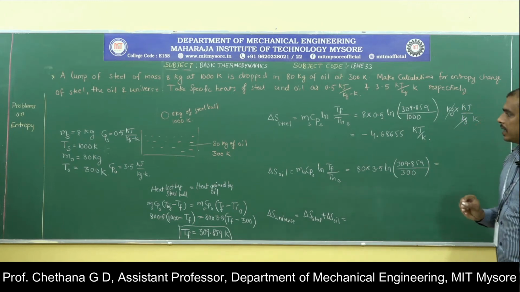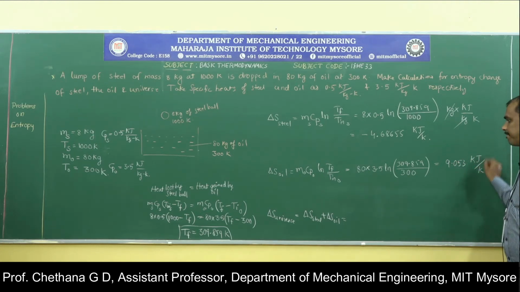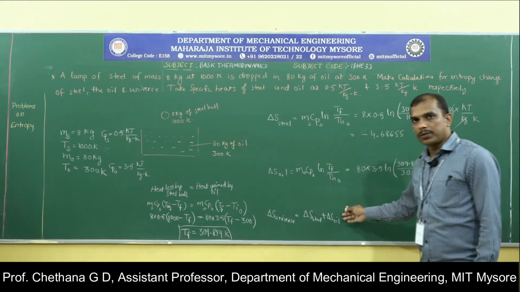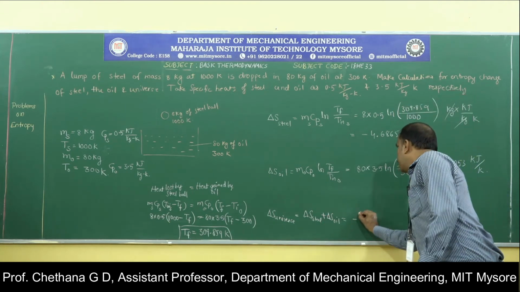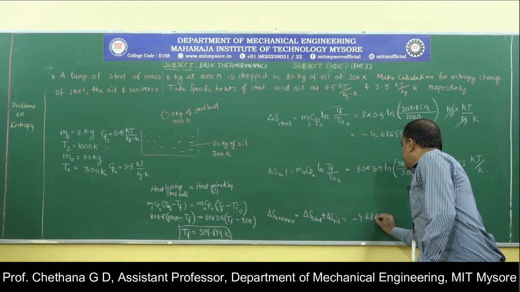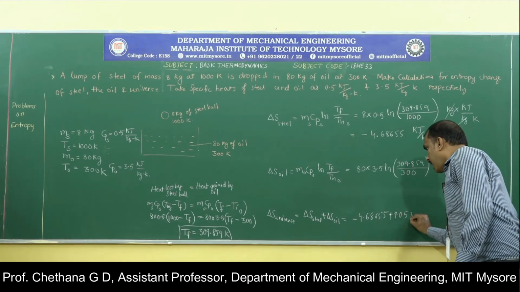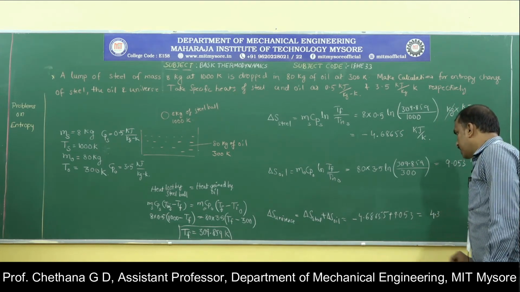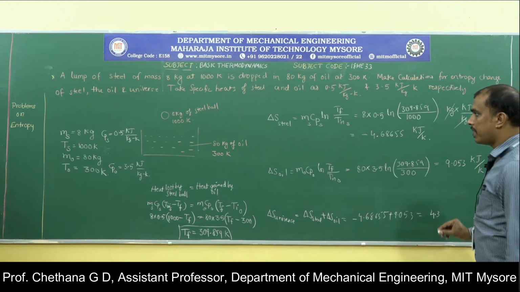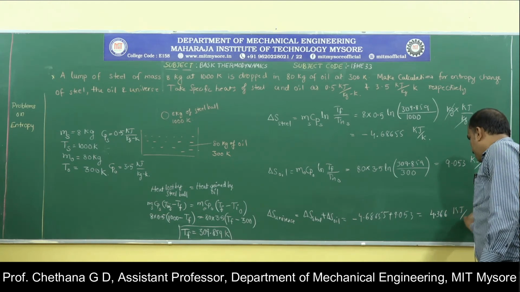We get the change in entropy of the oil as 9.053 kilojoule per Kelvin. Now go for finding the change in entropy of the universe, that is the summation of the change in entropy of the steel, minus 4.68655, plus the change in entropy of the oil, 9.053, and we get 4.366 kilojoule per Kelvin.